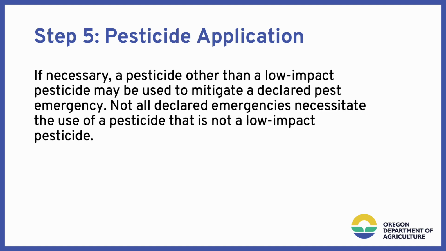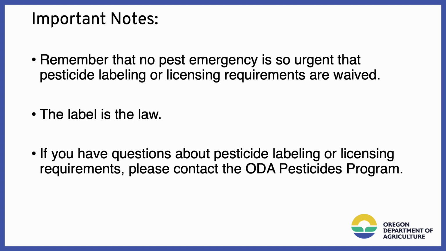After declaring a pest emergency, you may have decided the need to use a product that is not on your school's low impact list. You're not required to only use products on your school's low impact list, but many products on the low impact list may meet the need. Remember, even during an urgent pest emergency, you must always follow all pesticide labeling and all licensing requirements no matter what.